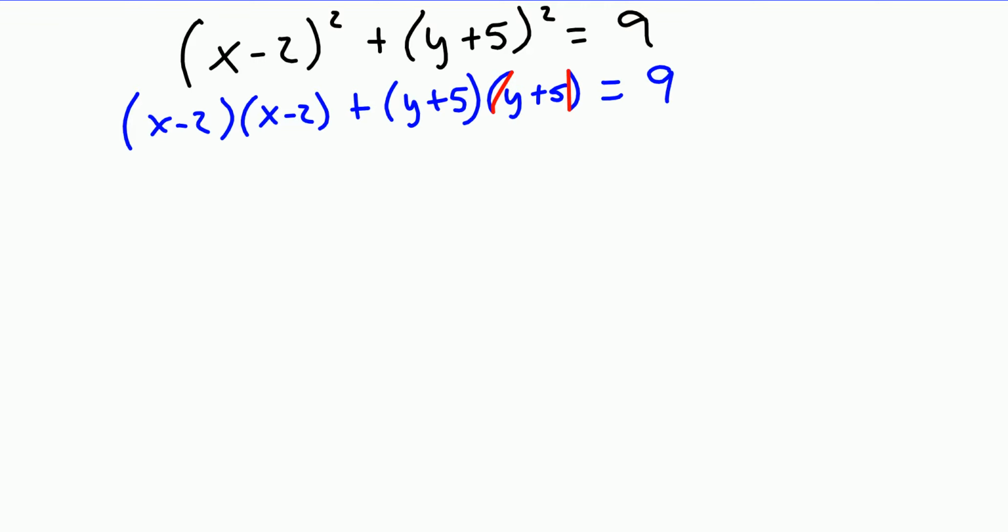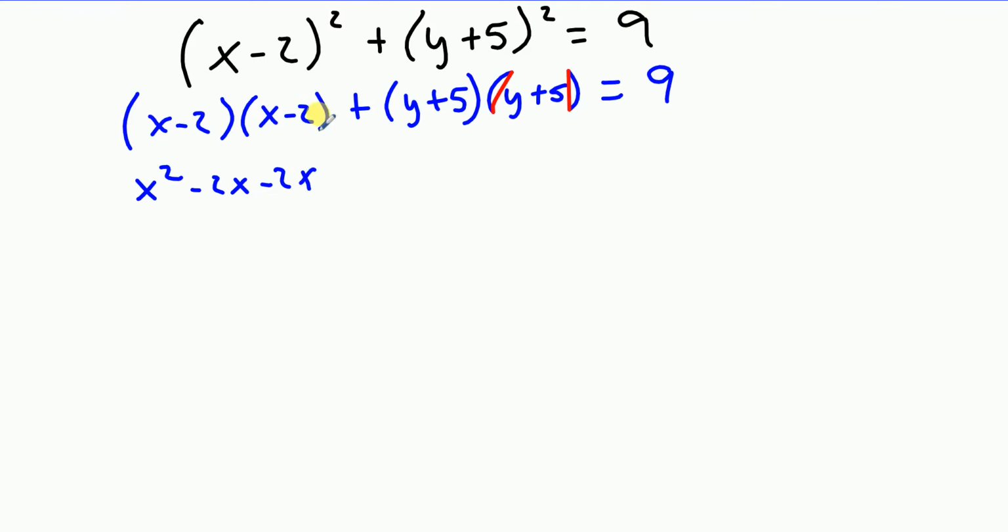Okay, so I wrote both of the binomials out, and now I'm going to multiply them. So x times x is x squared. Negative 2 times x is negative 2x. X times negative 2 is negative 2x. Negative 2 times negative 2 is positive 4.